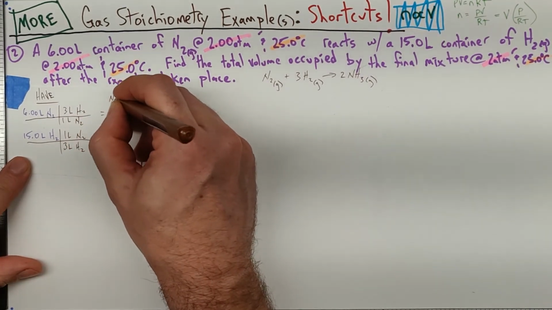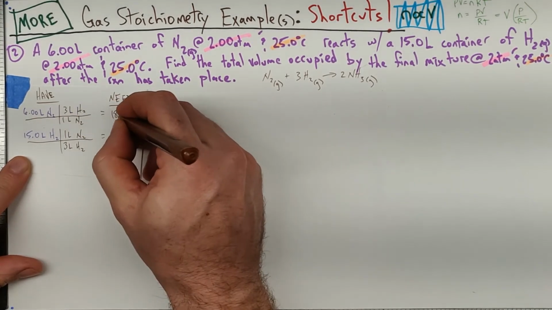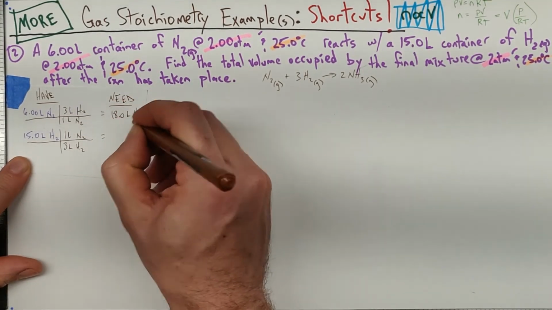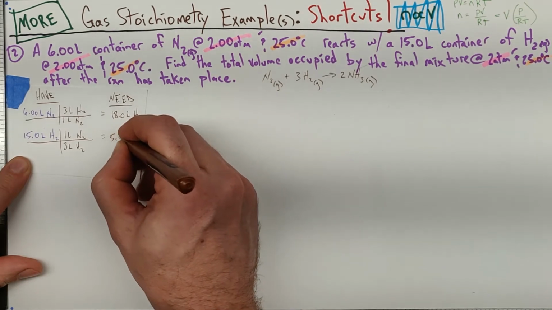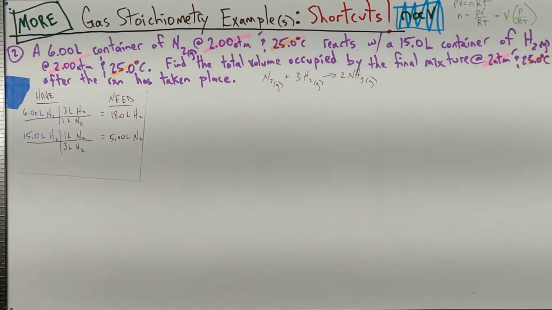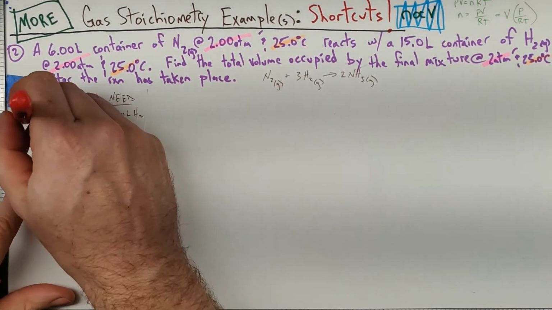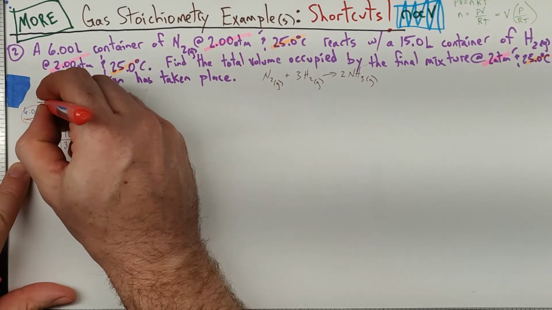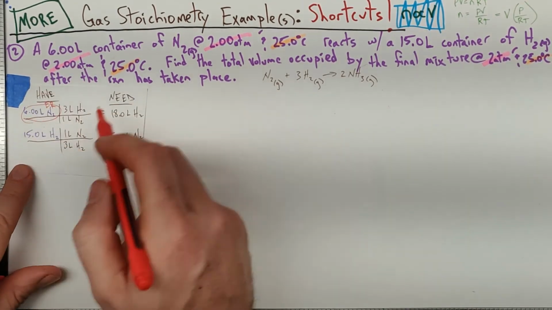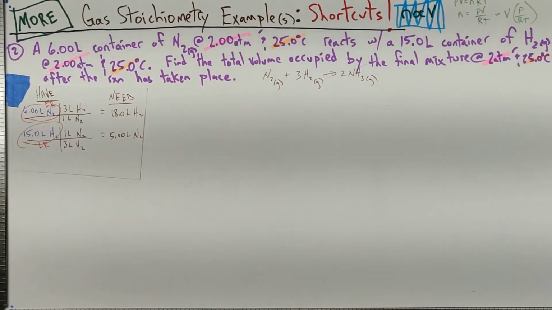Which means we need 18 liters of hydrogen and 5 liters of nitrogen. And we have our limiting reactant and our excess reactant. Have 6, need 5, that's more than we need. So that is our excess reactant. Have 15, need 18, we don't have enough, that becomes our limiting reactant.